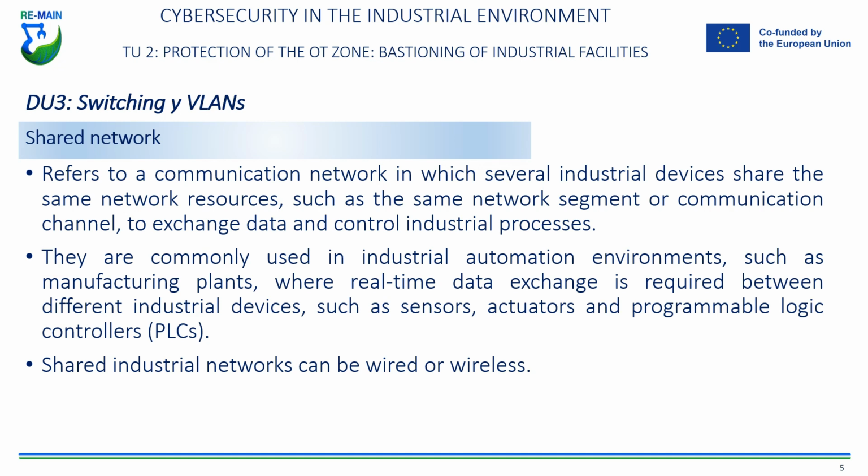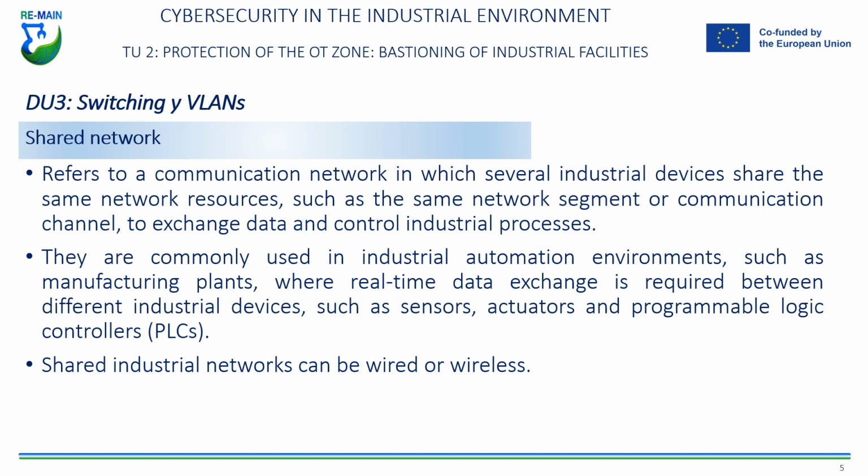Shared industrial networks are commonly used in industrial automation environments, such as manufacturing plants, power plants, and process control centers, where real-time data exchange is required between different industrial devices, such as sensors, actuators, and programmable logic controllers, PLCs.